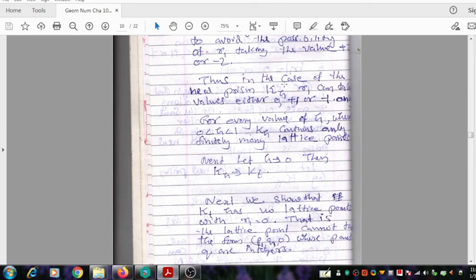Next, we suppose that h tends to 0. Then K_h tends to K_t, the prism K of t.